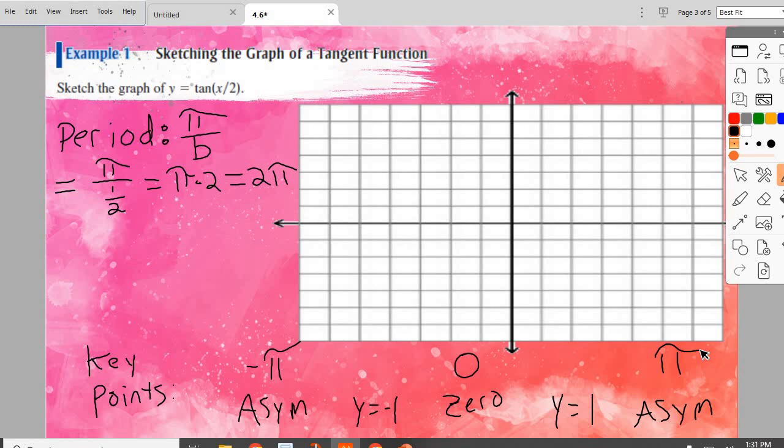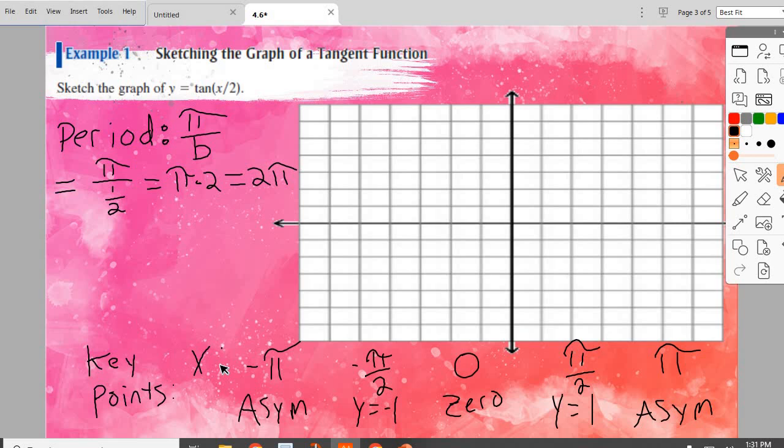Also, remember that your 1 values are exactly halfway in between my asymptotes and my 0. So now this is at negative pi over 2, and my second one is at pi over 2. And remember, these are the x values.